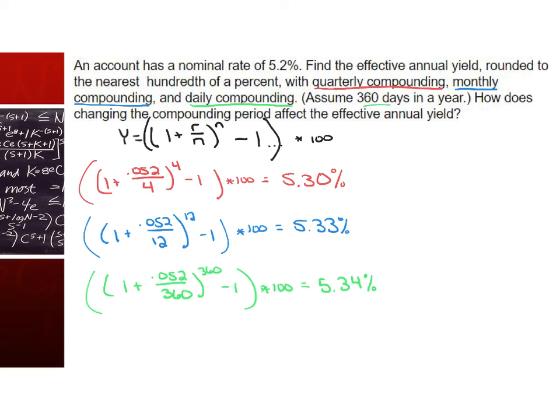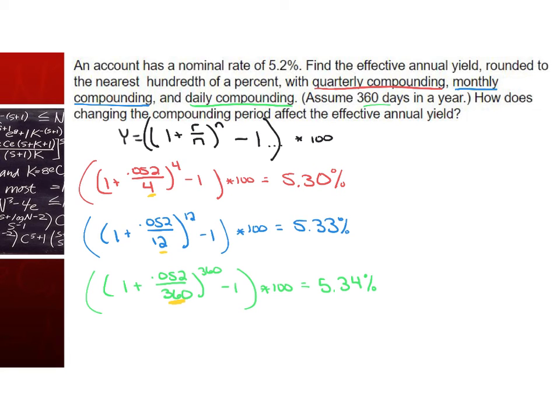Now you have to choose 2 of those 4 boxes for the multiple choice, and you have to find which ones are correct. There's 2 different kinds of statements. One of them is talking about the number of compoundings per year. My number of compoundings is that n value, so we have 4 and then 12 and then 360.